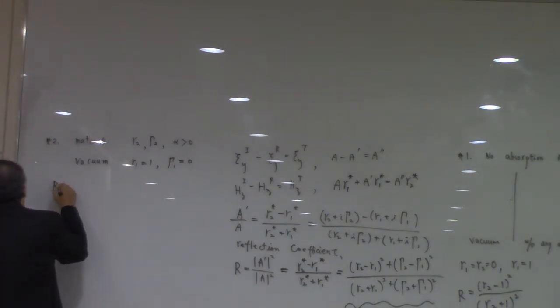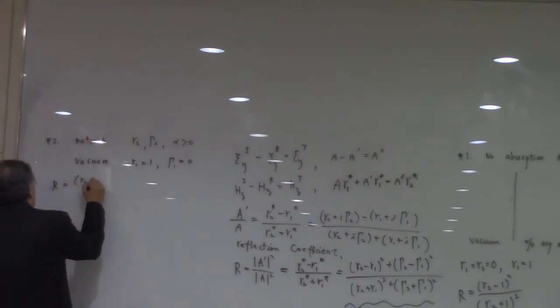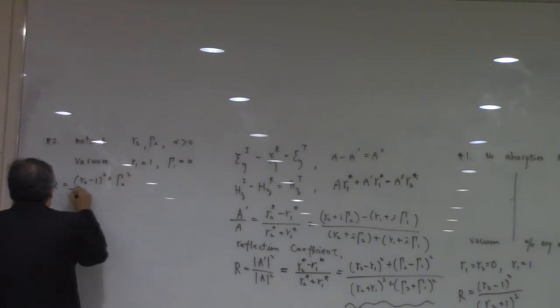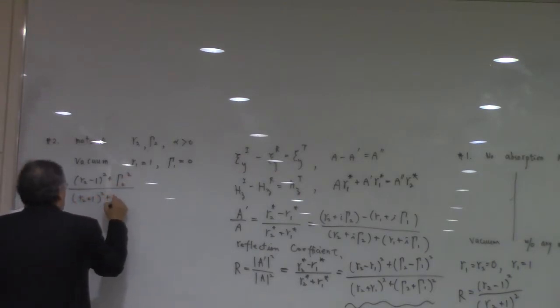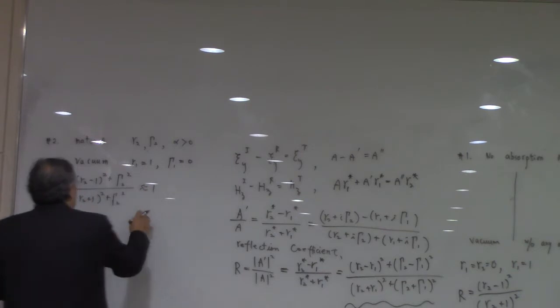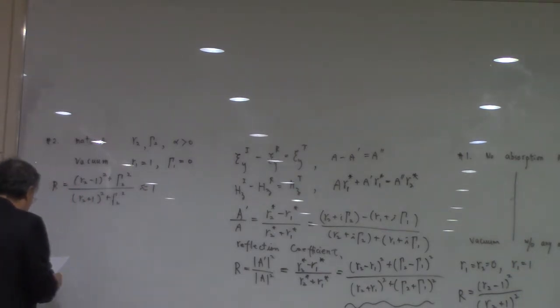Then R now is going to be (R2 minus 1) square plus gamma 2 square over (R2 plus 1) square plus gamma 2 square. And that is going to be about 1. Okay?